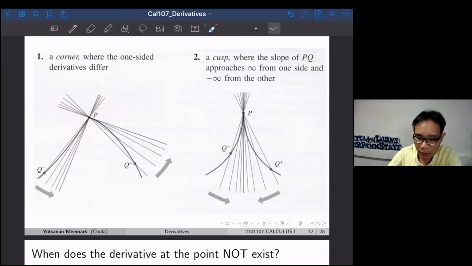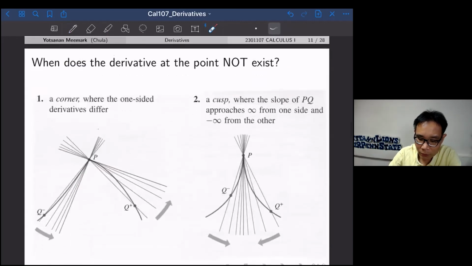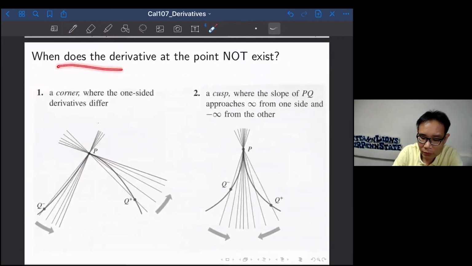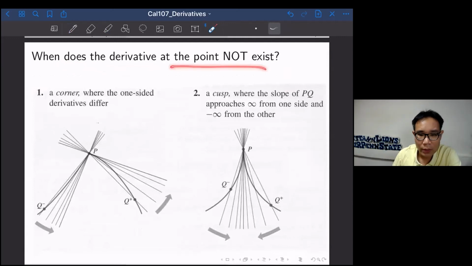Okay, so this is when the derivative at a point does not exist. It means that you have a corner. A corner comes from two pieces of a graph meeting like this. Another thing is called a cusp. A cusp is where two curves meet in this way. It's not a corner because of the curvature of the curves meeting this way.